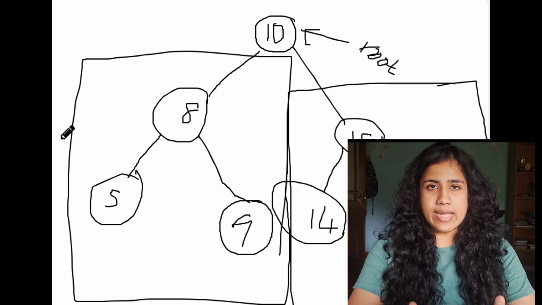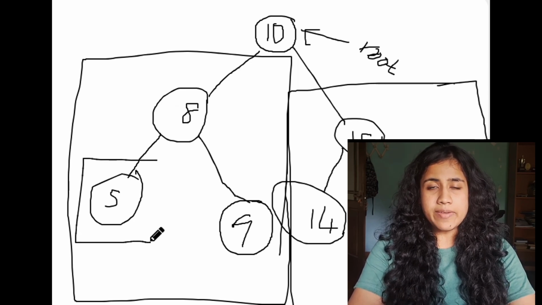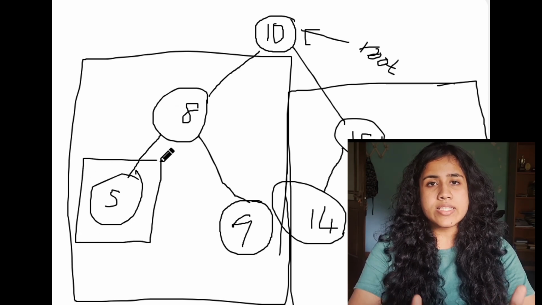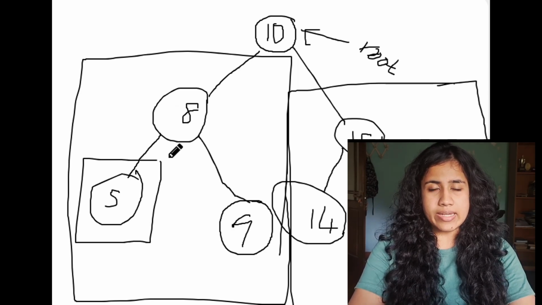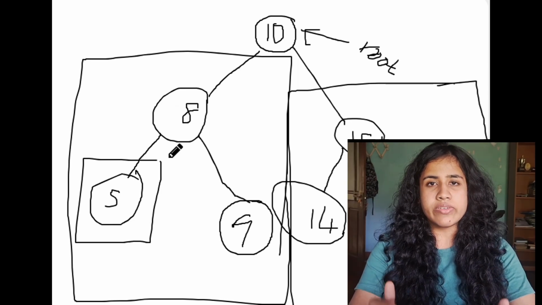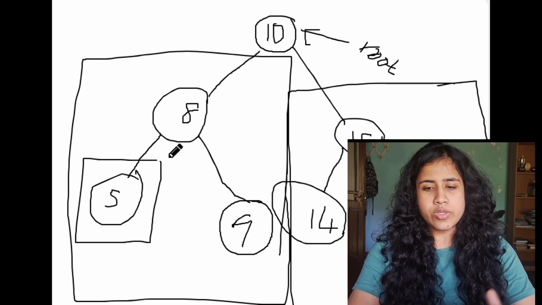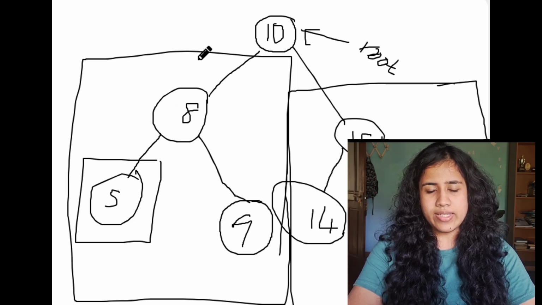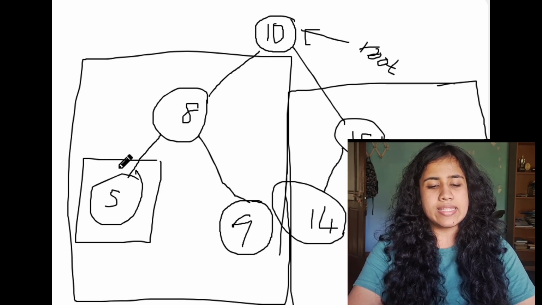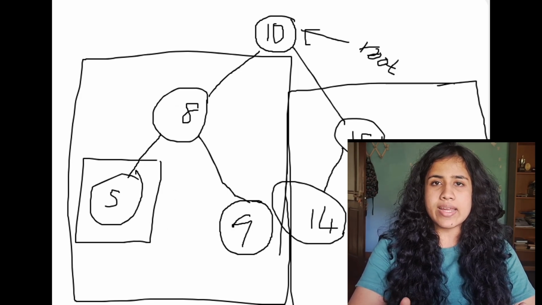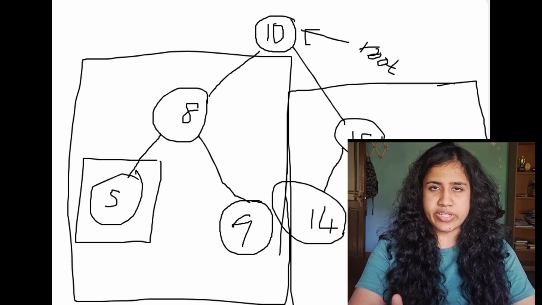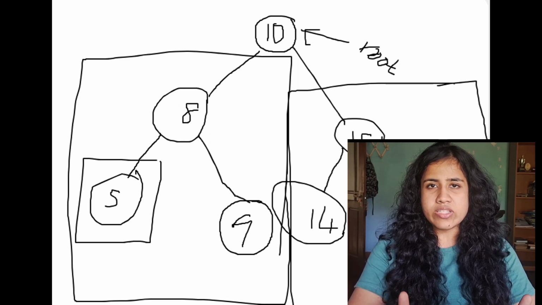So if the binary search tree is done correctly, the leftmost child will be the least value of the tree, and the highest value of the tree will be the rightmost child. Here we can see that 5 is the lowest and 20 is the highest value. If you keep this in mind, you can easily identify whether this is a binary search tree or another type of tree, and you can easily draw a binary search tree by remembering this key point.